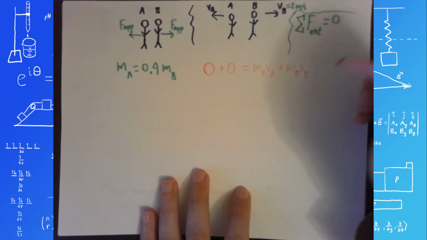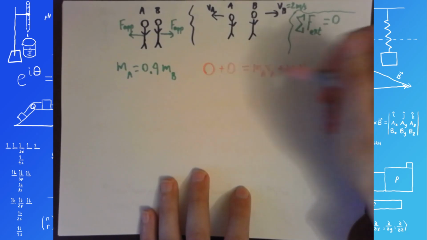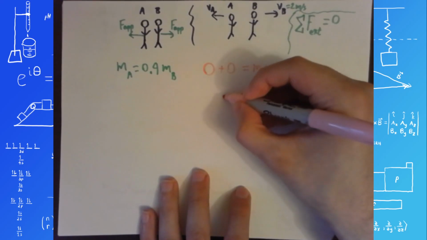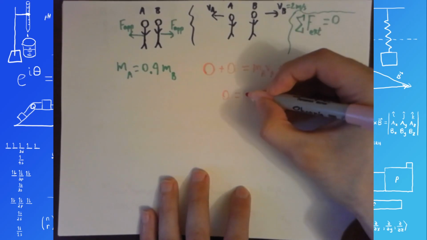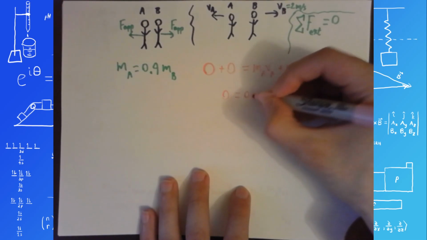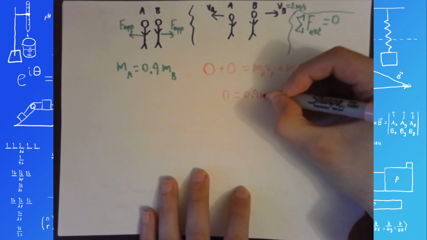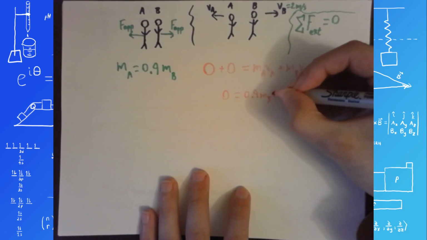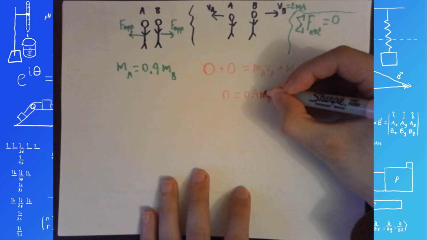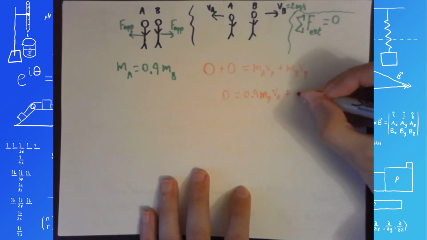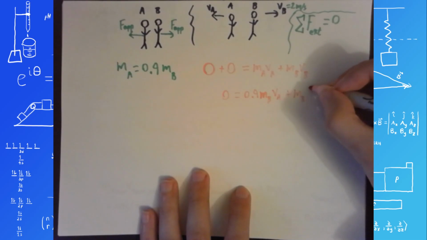Okay, and I'm just going to rewrite MA in terms of MB. So 0 equals MA, which is going to be 0.9 MB, times VA, plus MB times VB, which was 2.